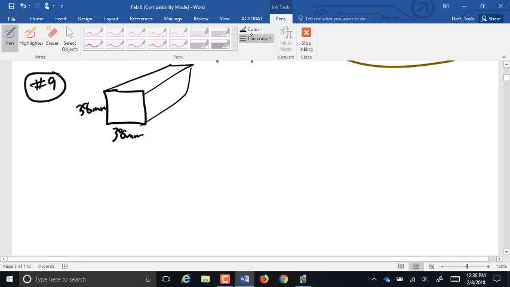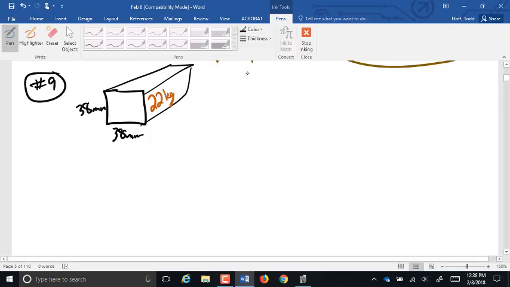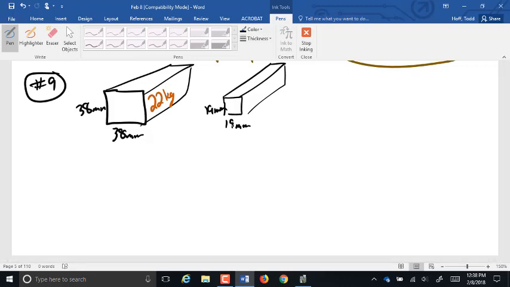Has a mass of 22 kilograms. And then they want to compare that to another steel bar that is 19 millimeters on a side. Also the same stock length. They want to know what the mass of that is.